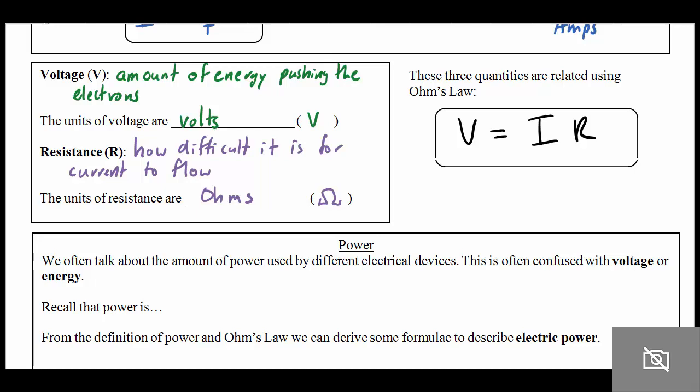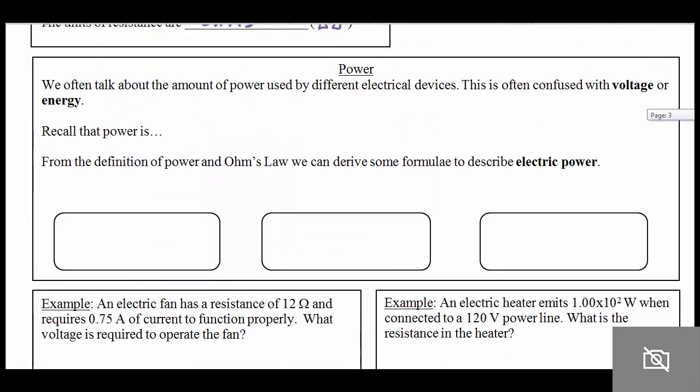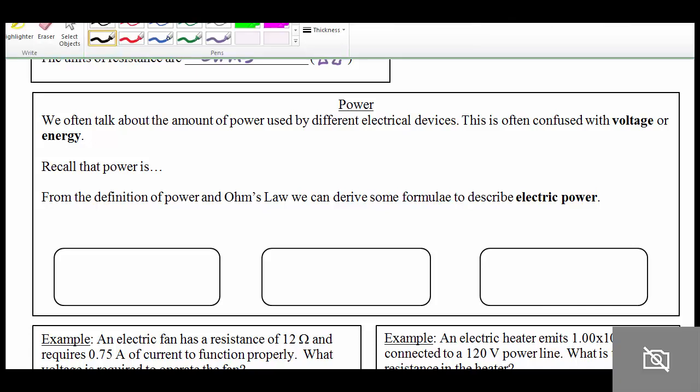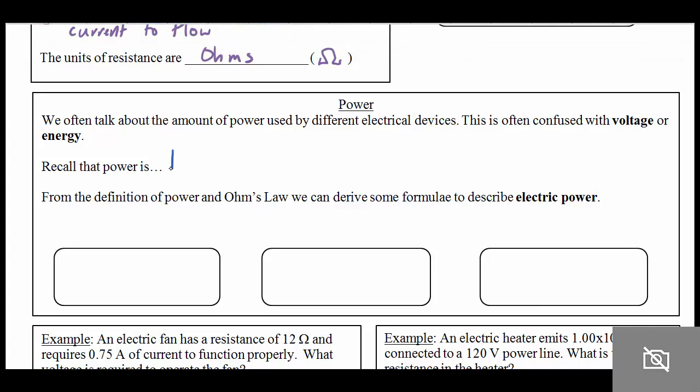So we're definitely going to be using energy, and so this circuit is using power. Now you remember that power is the amount of energy used per second. It's not exactly the same as voltage, it's not exactly the same as energy, but it is related. So power is the amount of energy used per unit time.